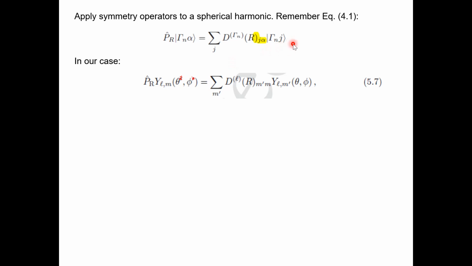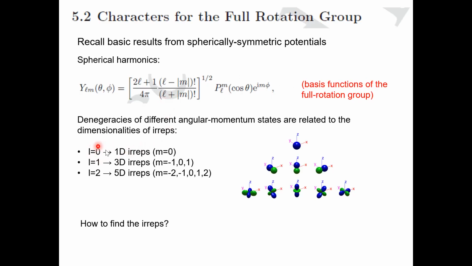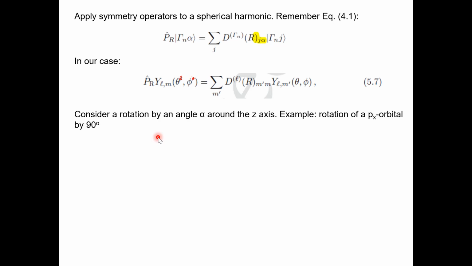Again, similar to what I had here, it will be a linear combination of all other spherical harmonics with the same value of L, because as we have seen here, the L value is related to the different irreducible representations, but with different values of M. So it's a summation of all possible M prime, and these are the matrices that we need to find.